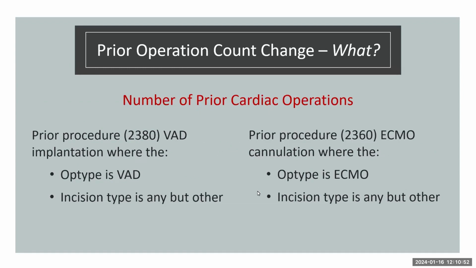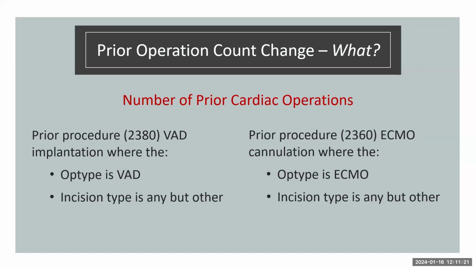So what is going to change? In the field, specifically number of prior cardiac operations, where you have a prior procedure of number 2380, and thank you to those of you who emailed me to let me know I was being dyslexic and got these numbers transposed. Prior procedure 2380, which is VAD implantation, during a procedure where your op type is VAD and the incision type is any but other.